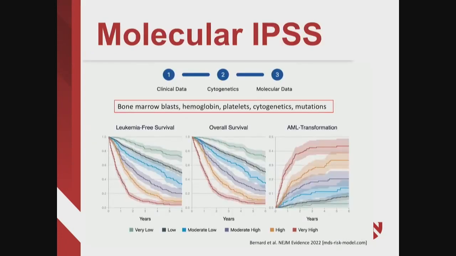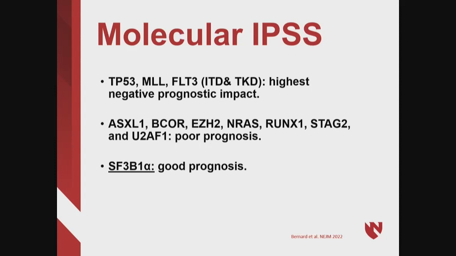More recently, mutations were integrated into these scoring systems. So currently there is a newer classification called molecular IPSS, which is better than the older classification. It certainly can predict the risk of developing leukemia and chances of survival, and so on. Here are some of the mutations that influence survival.